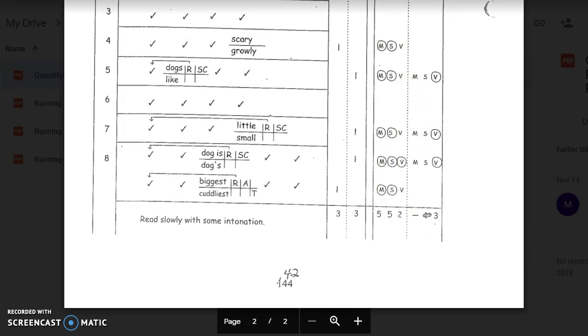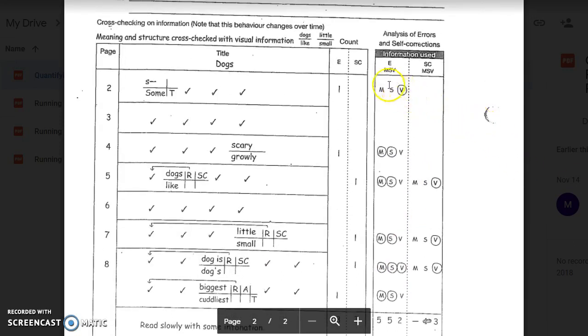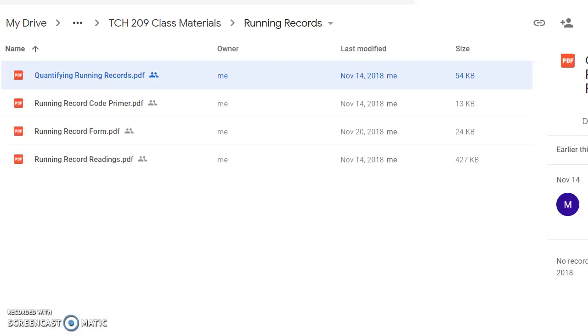Then what we do to quantify is we add up all of the M's, and we put the total down here. Same for the S's and the V's. And then in the self-correction column, we add up all the M's and add up that column as well as the structure and visual. So once you have done all of that, dang it all, sorry.